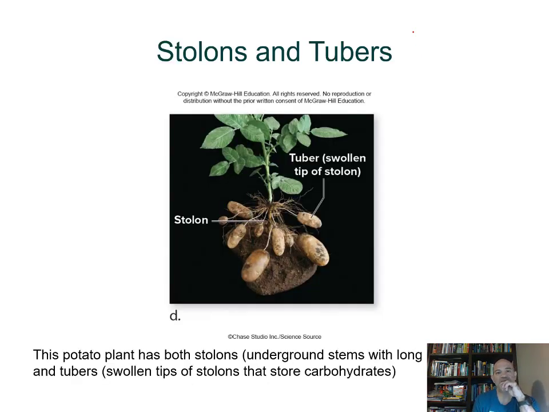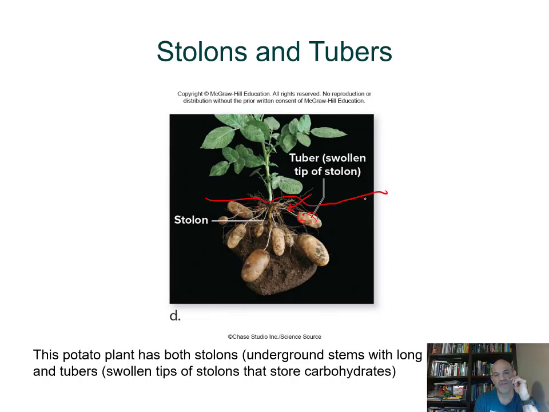And then we have this one that says stolons and tubers. I'm not sure if that's the correct term, because the underground stems, which this is one right there, would be called a rhizome. So it would be more like a rhizome and the tuber. The tubers grow underground, right?